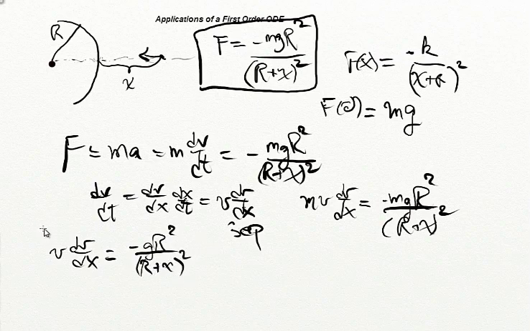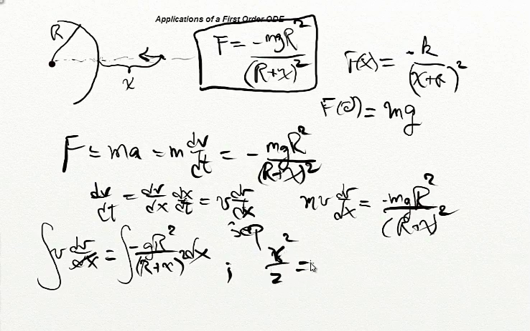And then we integrate both sides. So let's integrate this with respect to x on the right. And the result is the following equation: v squared over 2 is equal to g r squared over (r plus x) plus a constant of integration.